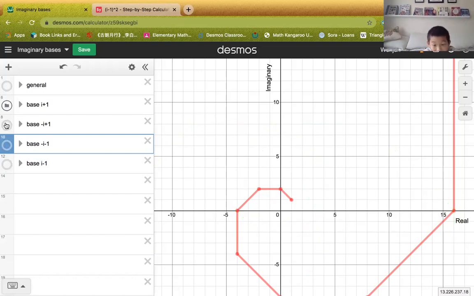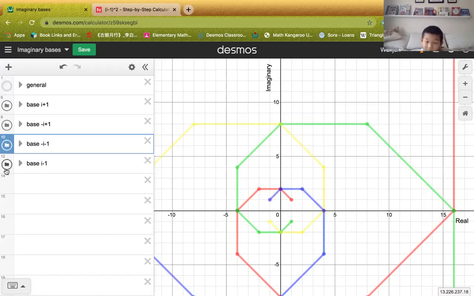See, red is over here. Then it flips over again, flips over. And then if it flips over one more time, it goes back to blue.